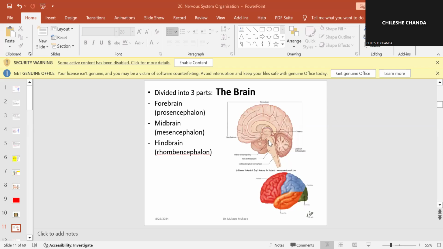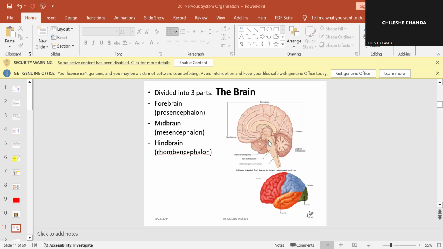And then we are going to have the pons, and then the medulla oblongata over there. The midbrain, the pons, and the medulla oblongata together are referred to as the brainstem.